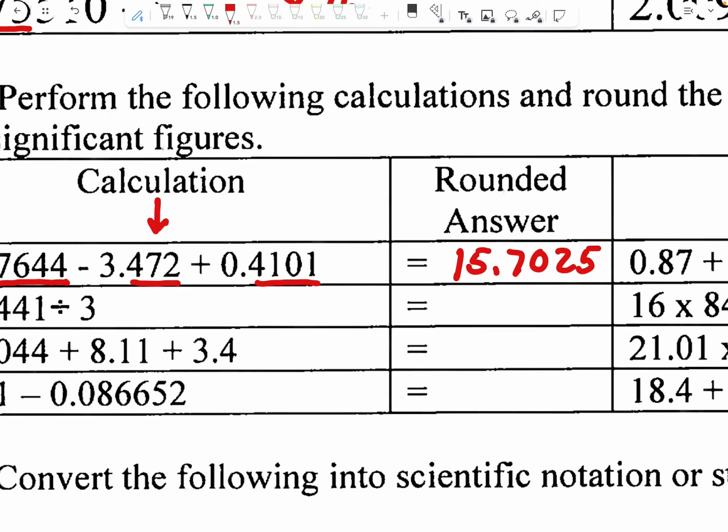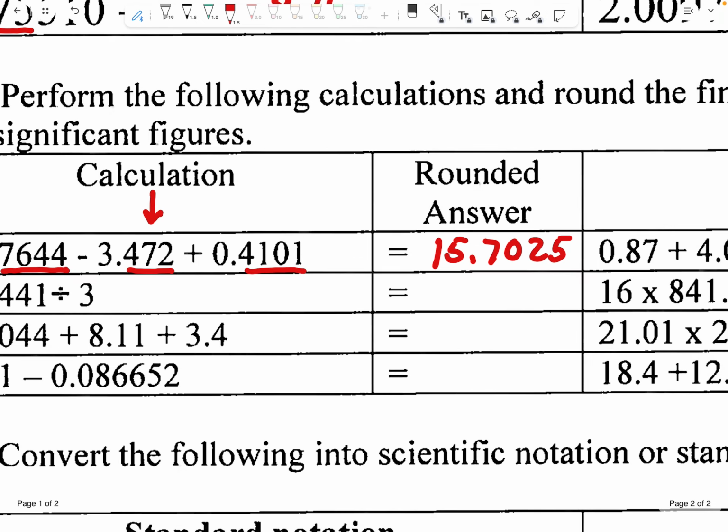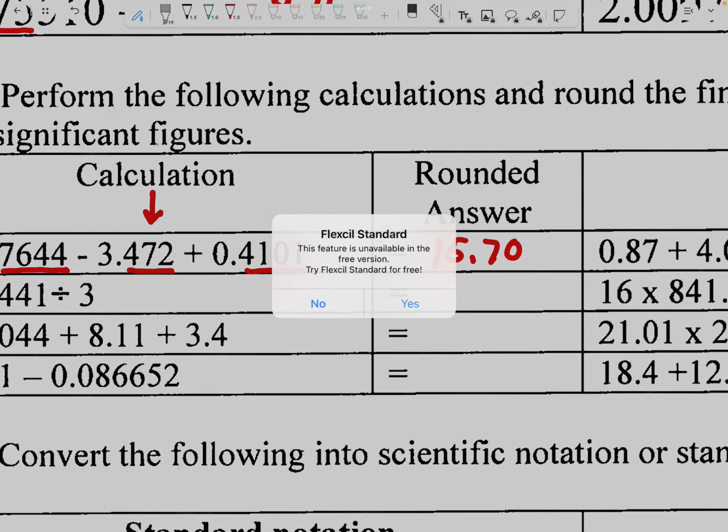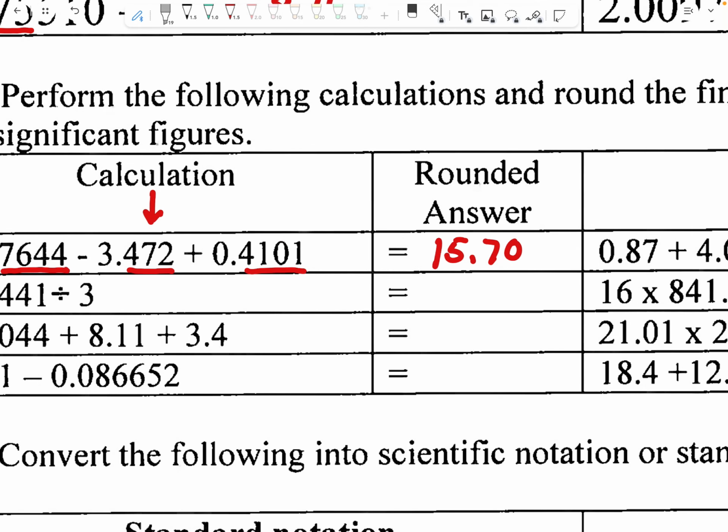But since we're looking for only 3 significant digits, or 3 digits past the decimal, that means to the right of the decimal, our answer is going to change. So the 5, we're going to need these right here. But that 5 is going to round that 2 up to a 3. So my answer now becomes 15.703. Okay.